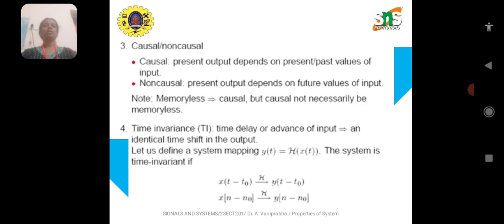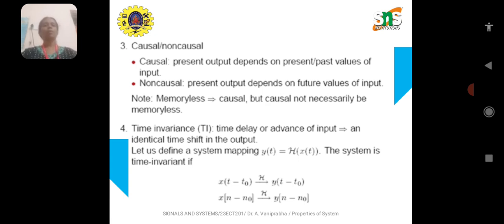The next is causal and non-causal. A causal system means the output depends upon the present and past values of the input. That is causal. A non-causal system is one which does not depend on the past and purely depends on the present.